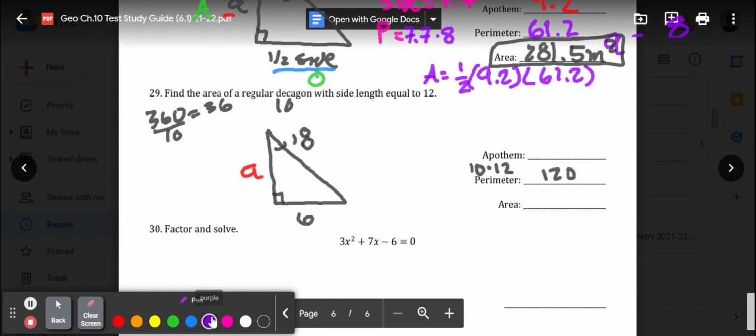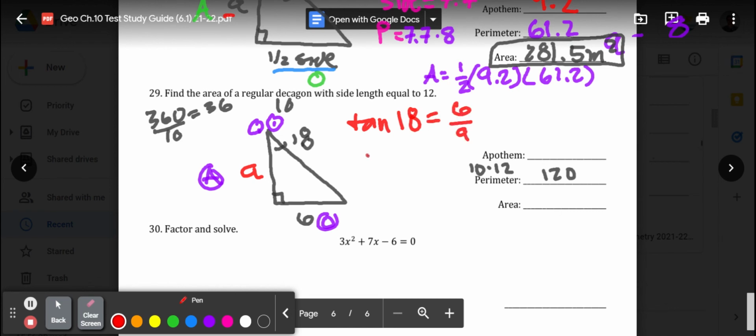So we set up our googly eyes. We have opposite and adjacent. So we are going to use tan. So we get the tan of 18 equals 6 over a. Switch those two. So a equals 6 over tan 18.